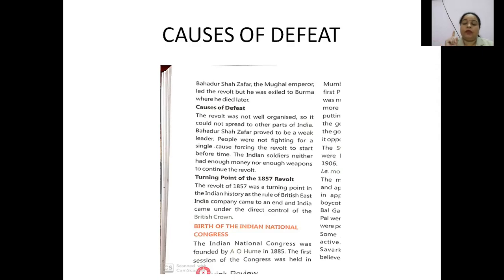But after the revolt of 1857, the British government issued a notice that this trading company, the British East India Company, had to go back to Britain, and India would be under the direct control of the British government. Now, who will be ruling over India? The British Crown or British government will be ruling, not a trading company.